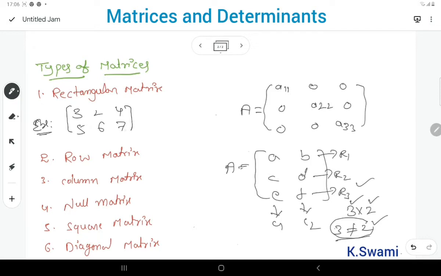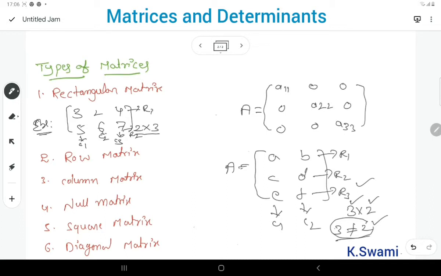The order of this matrix is 2 by 3, or 2 cross 3, because there are 2 rows R1 and R2, and 3 columns C1, C2, C3. The number of rows is not equal to the number of columns. This is called the rectangular matrix.